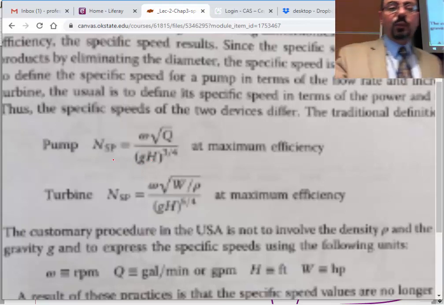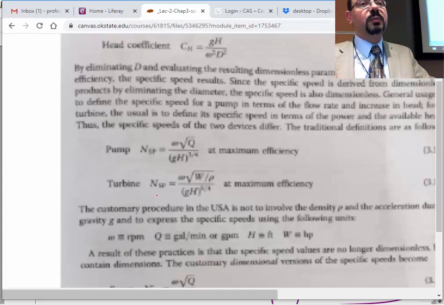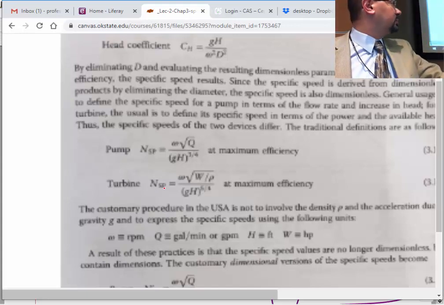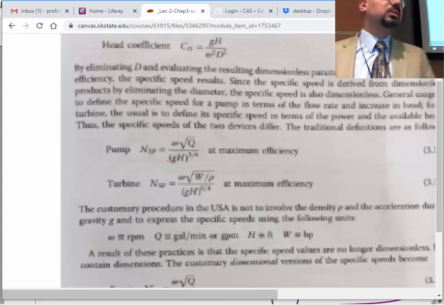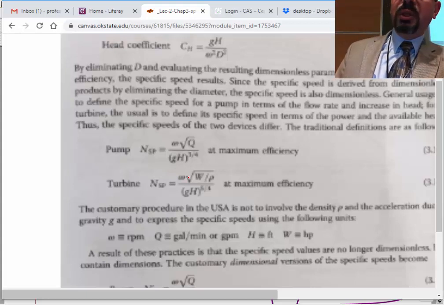So there is a specific speed for the pump and there is a specific speed for the turbine. If we use SI units, radians per second, meter cubed per second, meters per second squared, and the H is in meters, this number would be dimensionless.